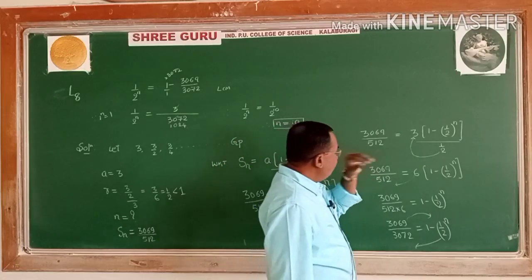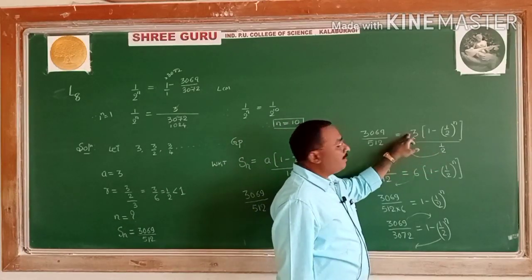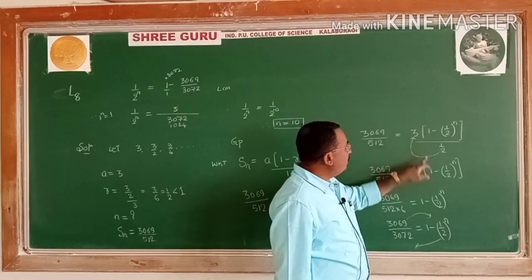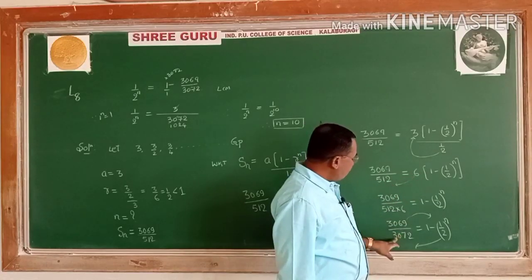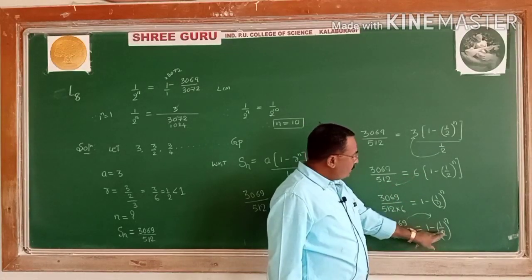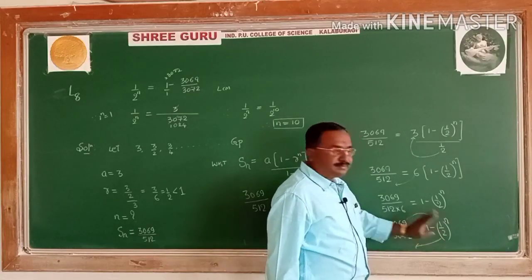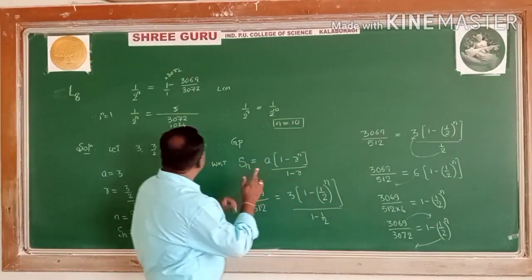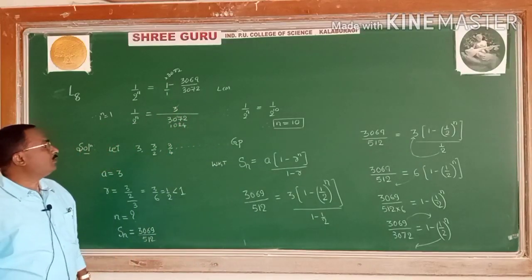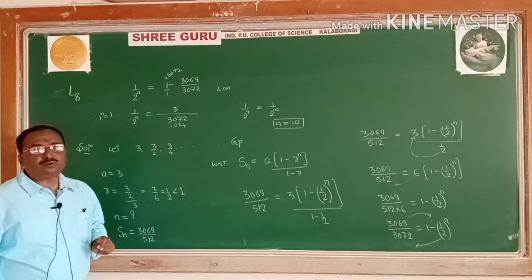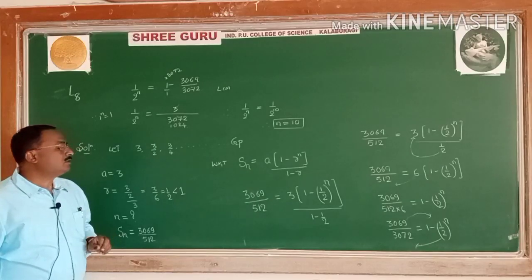Simplify this one. This 1 by 2 take it up, 1 by 2 becomes 2. 2 into 3, 6. 6 take it down, 512 into 6, 3072. This take left, this take right. Minus becomes plus, plus becomes minus. LCM 3 1s are 3, 1024s are. Simplify. 2 to the power 10 is 1024.